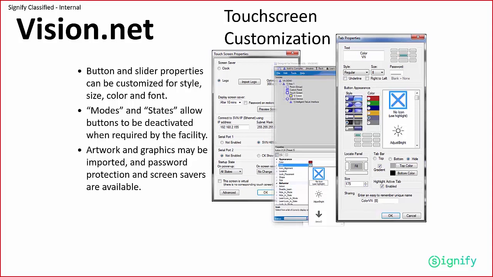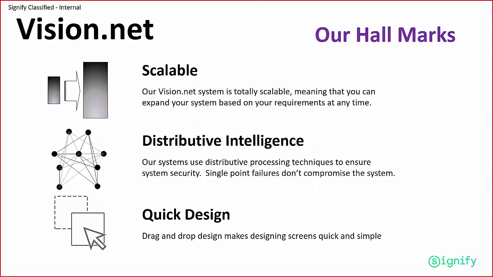So those are the types of things that you can do with VisionNet and with modes and states. Artwork and graphics can be imported. So if you have a touchscreen in a convention center ballroom, you could upload the artwork for the client who's coming in for the day. And you can also password protect stations to provide a security level of control.